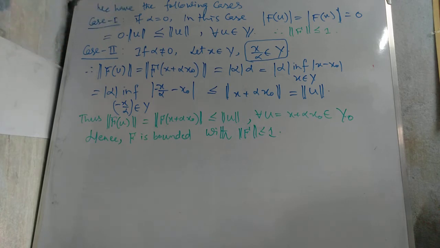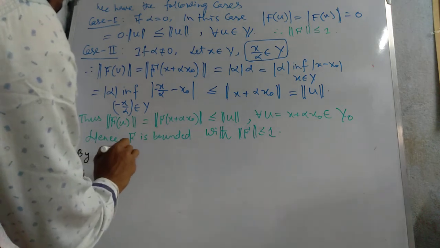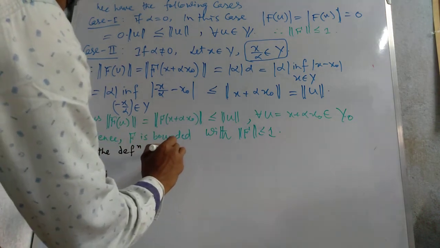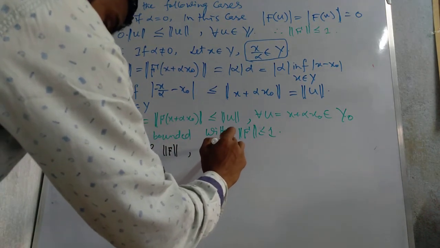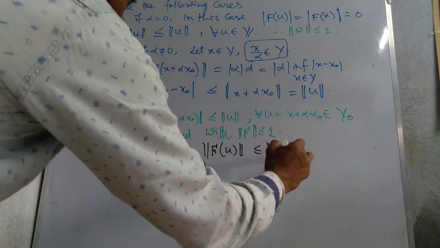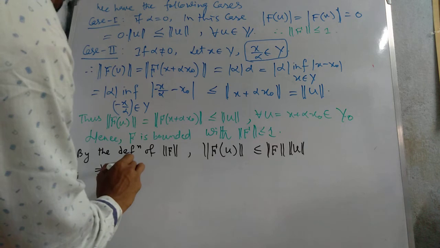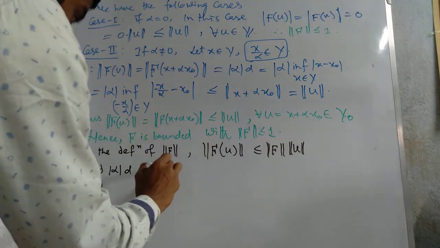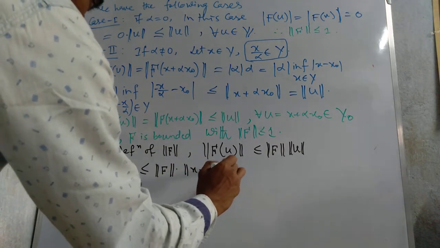Then what do we do? By the definition of norm of f, norm of f(u) is less than or equal to norm of f times norm of x plus alpha x0.